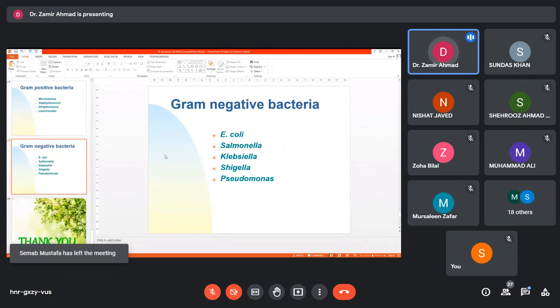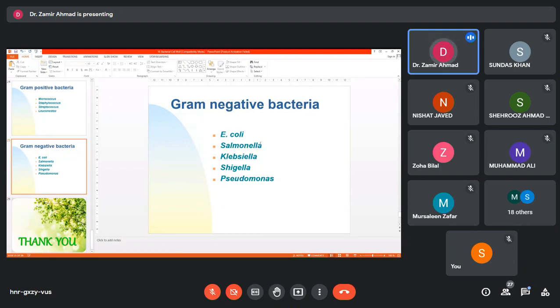Gram-negative bacteria, on the other hand: E. coli, mostly present in the large intestine, Salmonella, Klebsiella, Shigella, and Pseudomonas. Pseudomonas particularly causes infection on the skin.